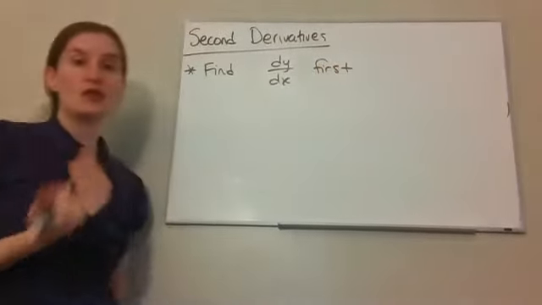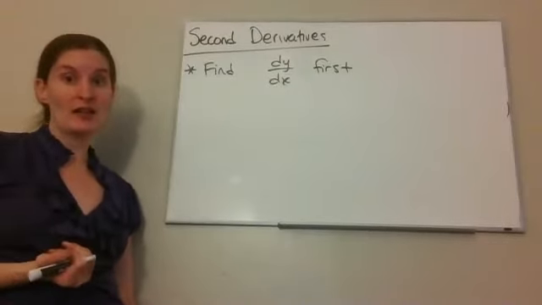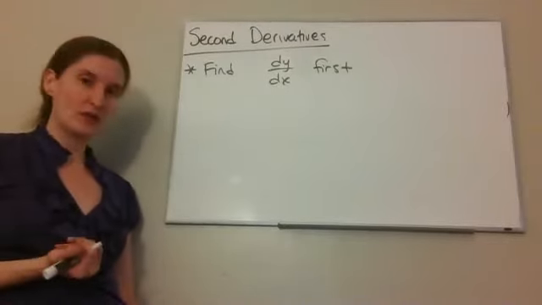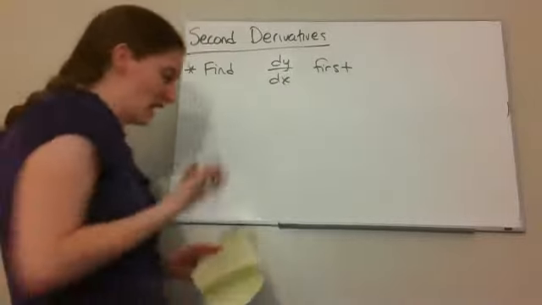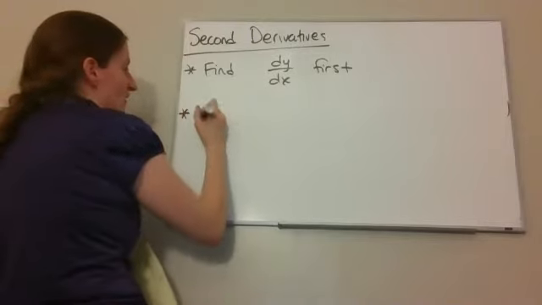So that means do all of the implicit differentiation to find your dy/dx, including solving for dy/dx at the end. Then do implicit differentiation again.